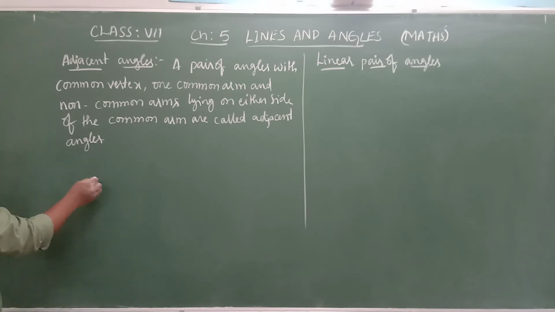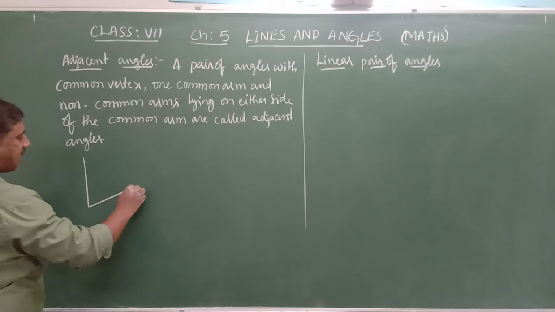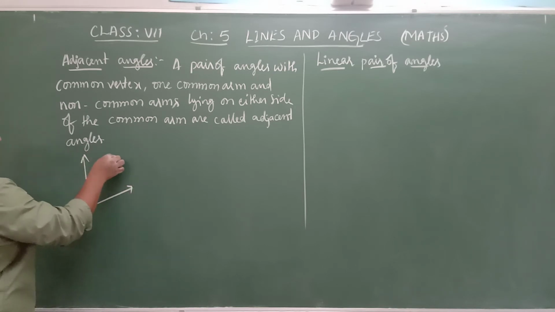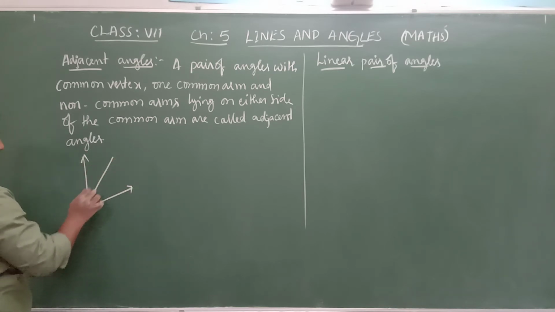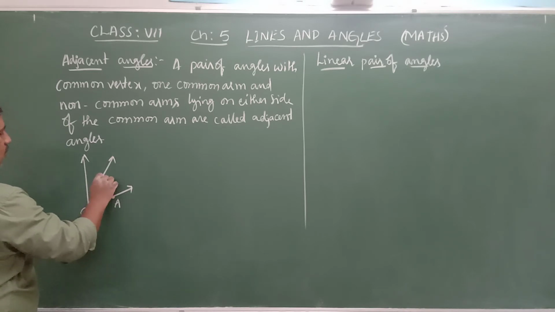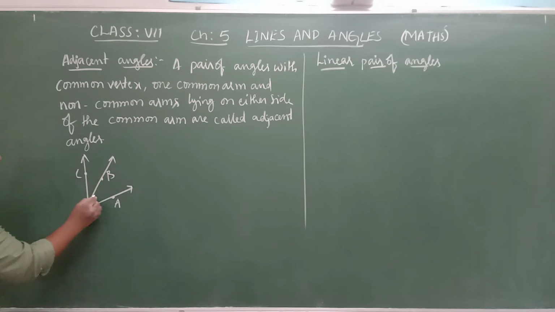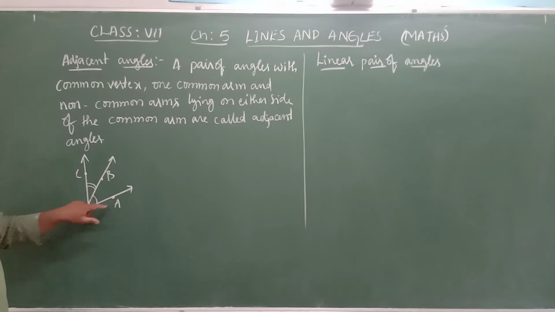See here. Now we have two angles, with rays OA, OB and OC. Angle AOB is one angle and angle BOC is the other.